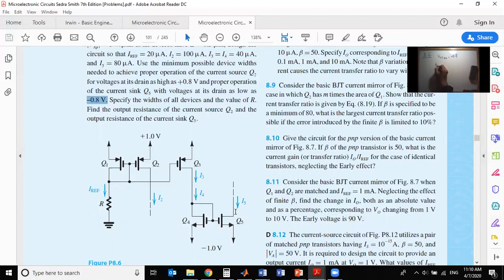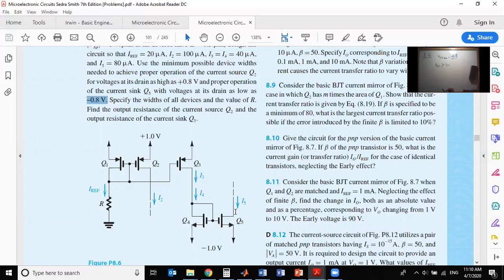We know that VDS has to be greater than or equal to V overdrive, and VDS minimum is minus 0.8.